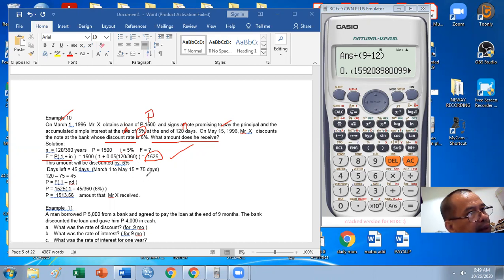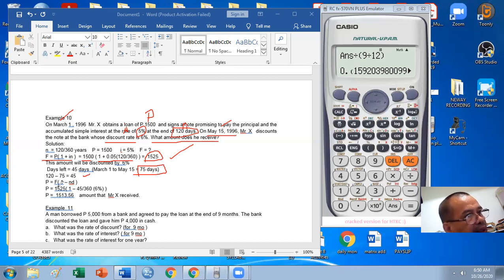No, no, no. That will be 75 days. However, he will pay after 120 days, which is the computation of his F. But if he pays earlier, on May 15, what is the difference in days? That's 120 minus 75 days, which is 45 days. So this will now be the basis of the discount.